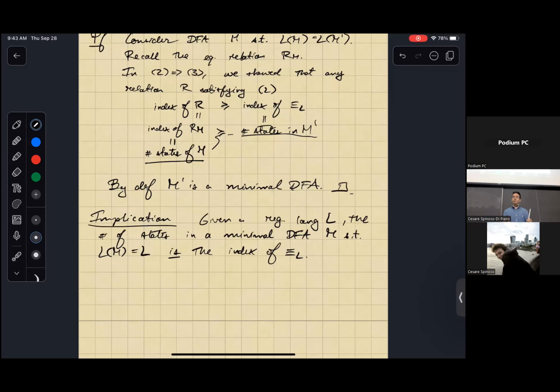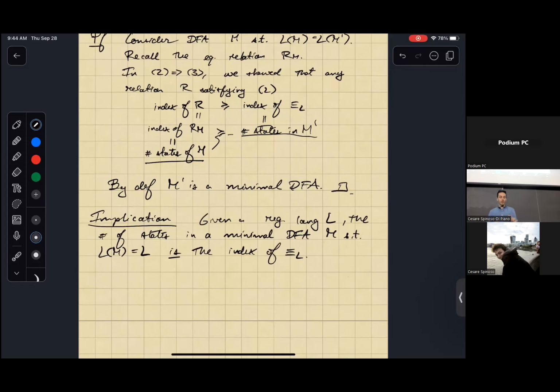But now that I have the Myhill-Nerode theorem, and in particular the construction of 3 gives you 1, that DFA, which turns out to be minimal, it's quite easy to show that any other minimal DFA is exactly the same as M prime, the one that we defined in 3 implies 1. The proof of that is like 30 minutes, and I clearly don't have 30 minutes, but I do have a video about that, and so I will post that.